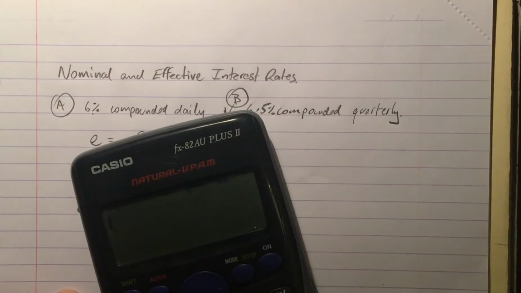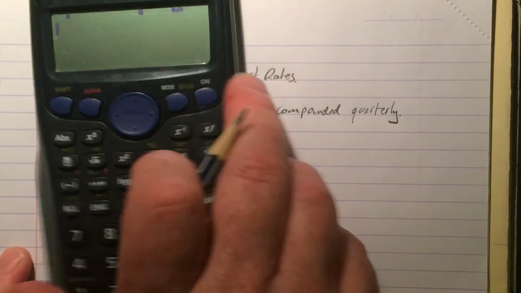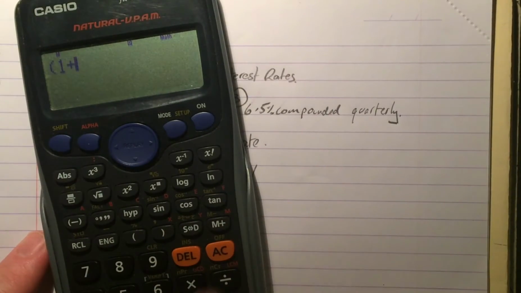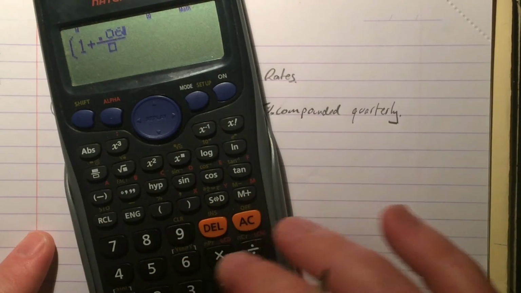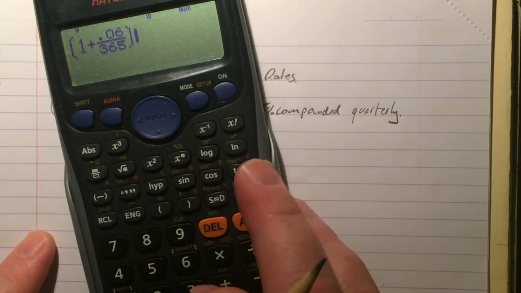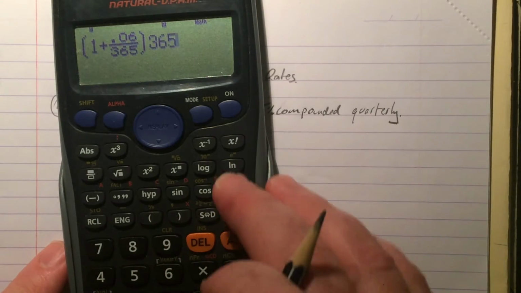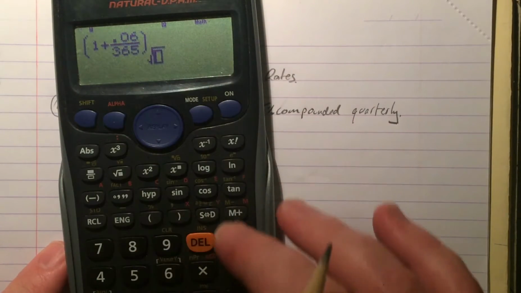So when we pop that in our calculator, again we must do that exactly as it appears on our page. So it will be 1 plus 0.06 over 365 to the power of 365.